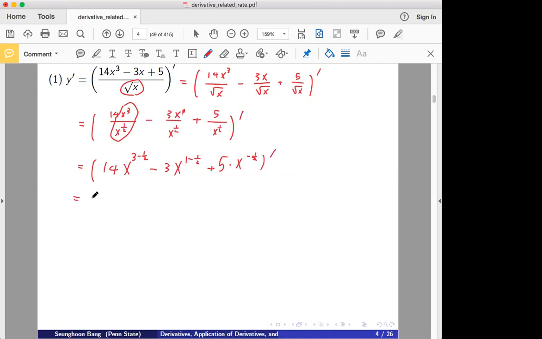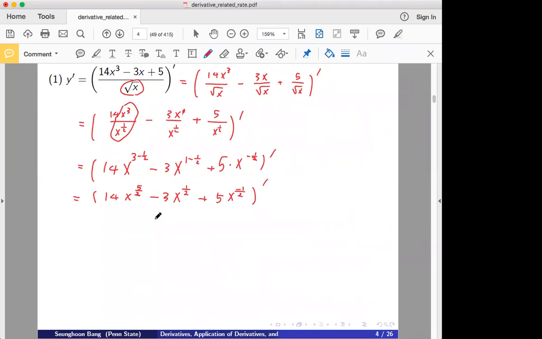So this is the same as 14 x to the 5/2 minus 3 times x to the 1/2 plus 5 times x to the negative 1/2, prime.